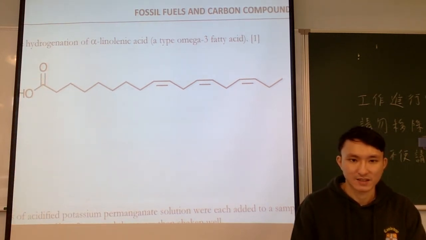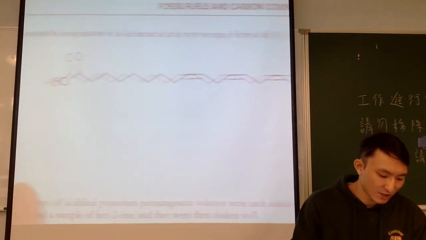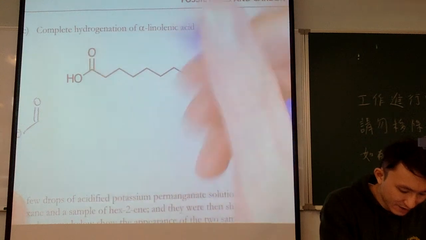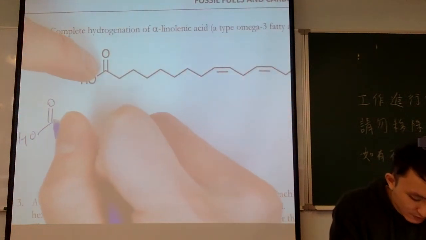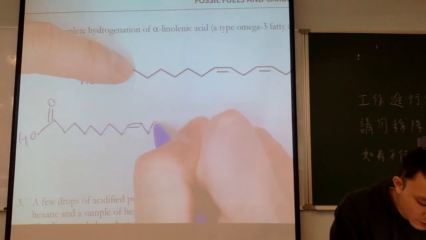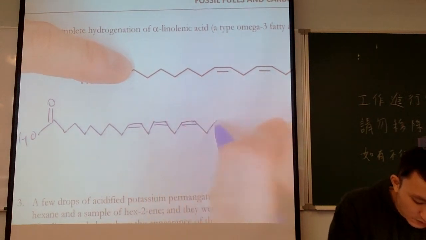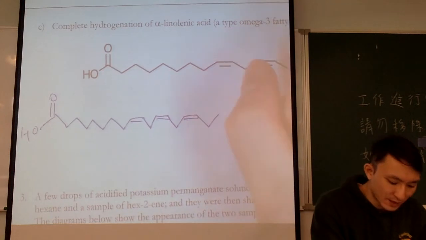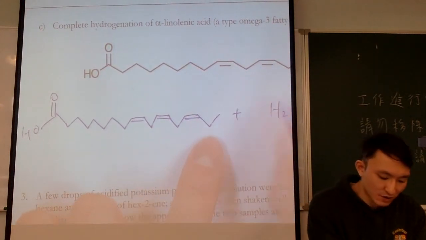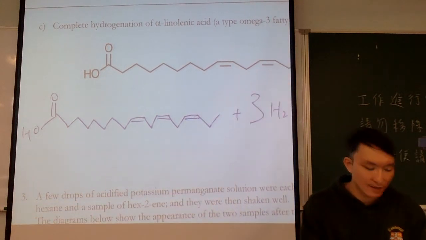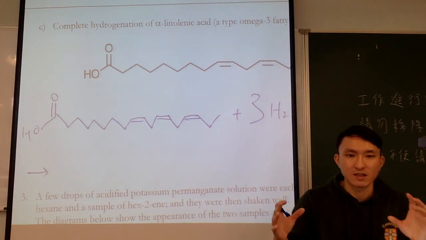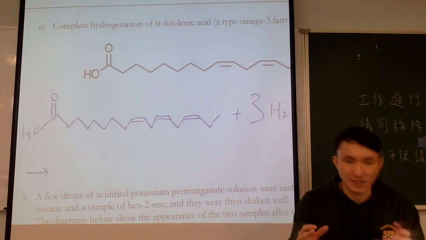Okay? So for the reaction, we just copy this one right away. It reacts with hydrogen. Now, because we have 3 CC double bonds, we need 3 hydrogen gas, forming a long hydrocarbon chain, saturated.